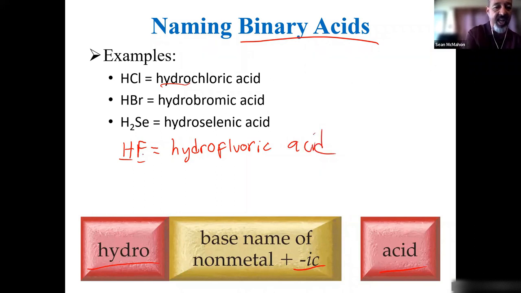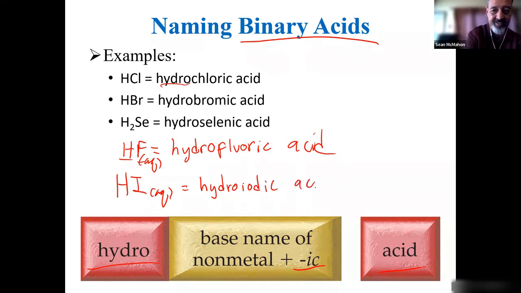Now, I should have aqueous, because what that means is I'm dissolving in water, and that's why it's behaving as an acid. Okay. Another example. Hydro, iodine, hydroiodic acid. So we are done for this lecture.